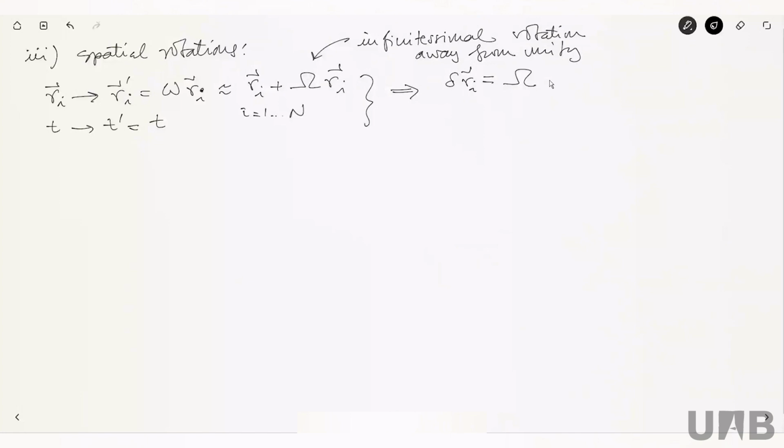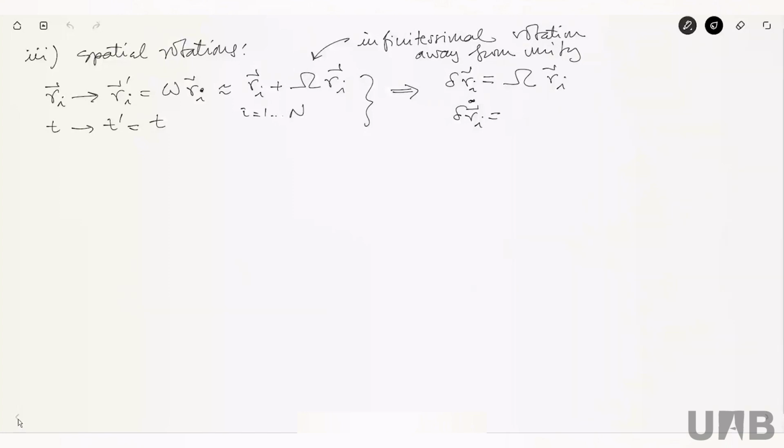So that's going to be omega times Ri. Now we'll see an explicit expression for this omega in one case. And then delta Ri dot, this is the variation of the velocity. This is just the derivative of this thing.